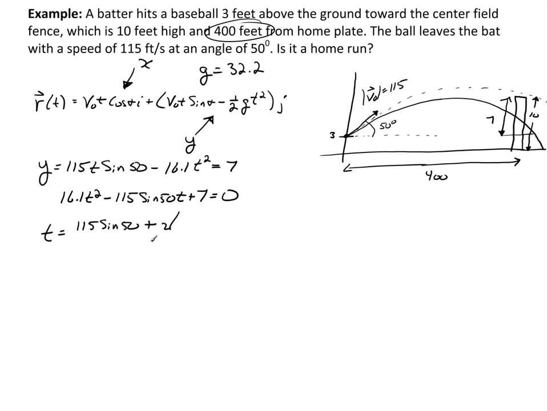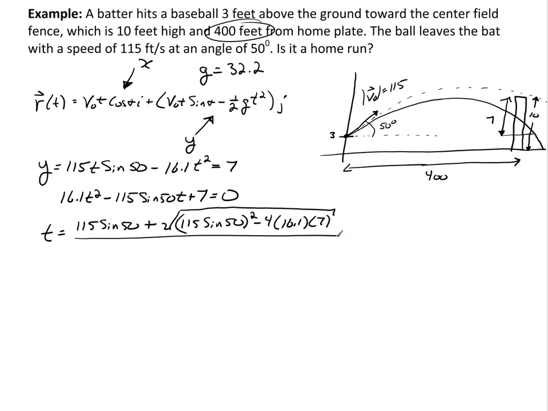Times the square root of, 115 sine of 50 squared minus 4ac, so that's 4 times 16.1 times 7, over twice a, so that's going to be over 32.2.